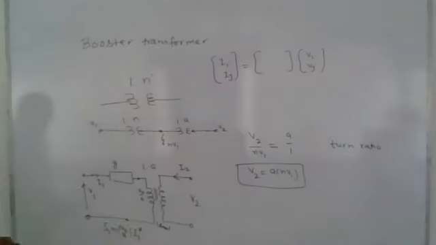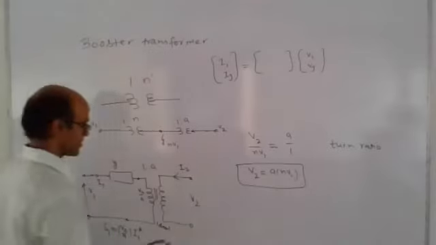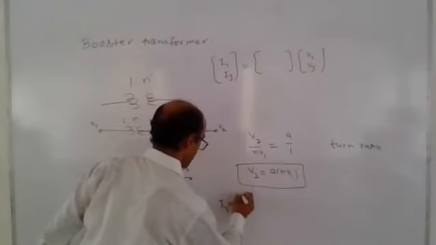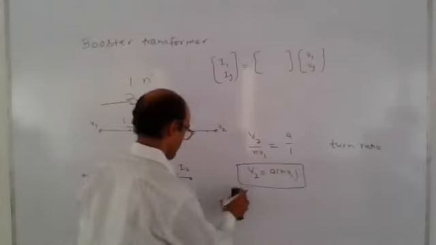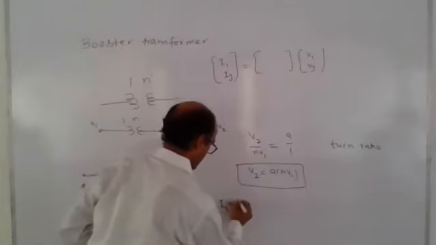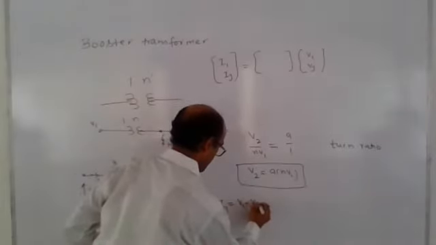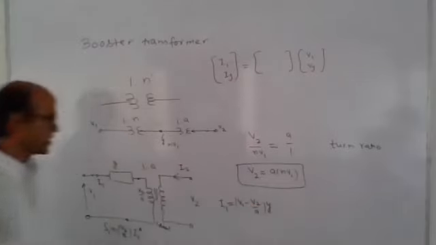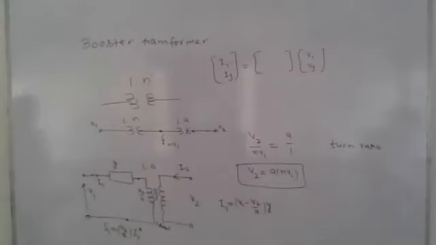I1 conjugate we can find from here. This is V1 voltage and this is V2 by A voltage. So what is I1? I1 current is nothing but V1 minus V2 by A into Y.